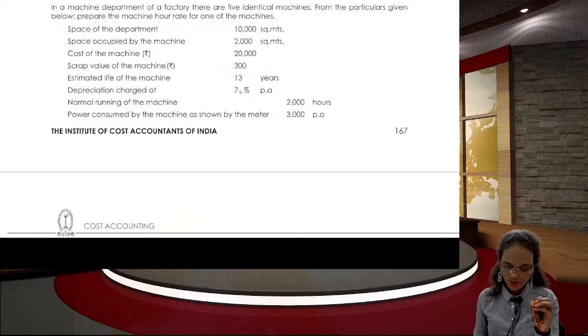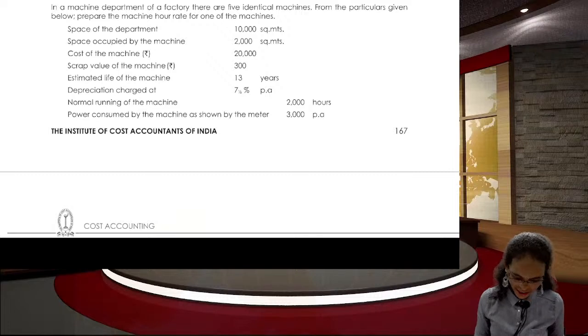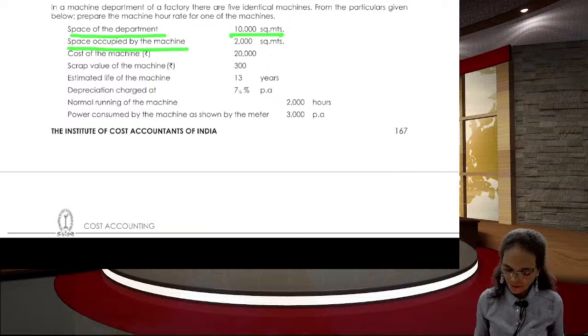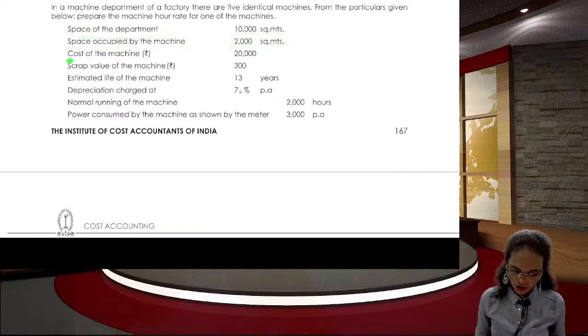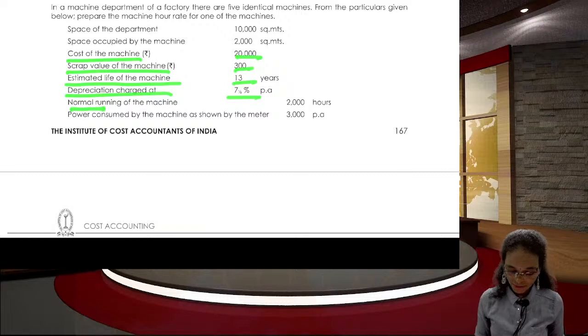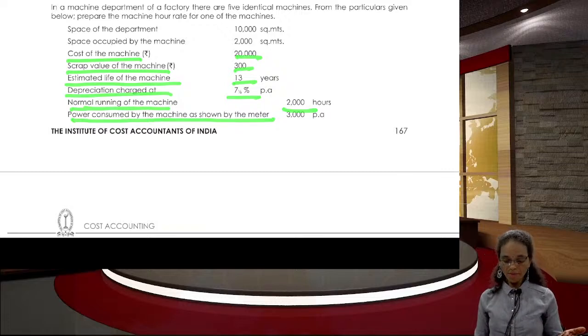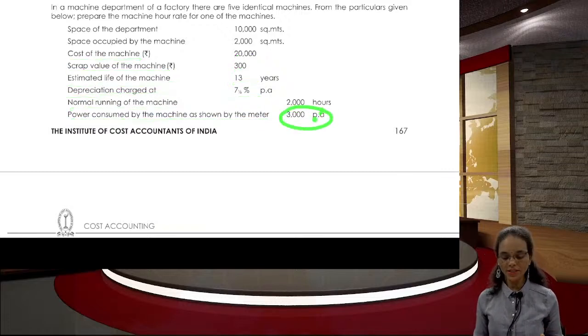We have 5 machines, but he is asking us to prepare the machine hour rate for one machine. What he is saying: the space of the department is given, the space occupied by the machines is given, the cost of the machine is given, scrap value, estimated life of the machine, and depreciation are also given, normal running of the machine is given, and the power consumed by the machines, as shown by the meter, is given.